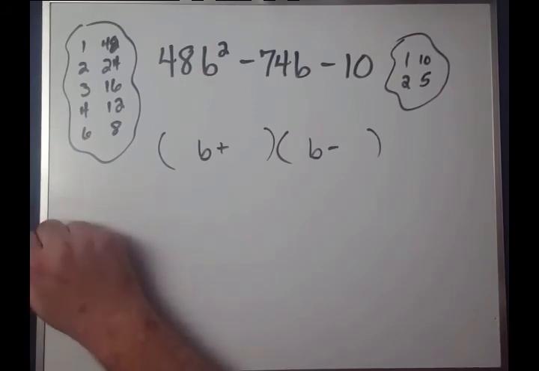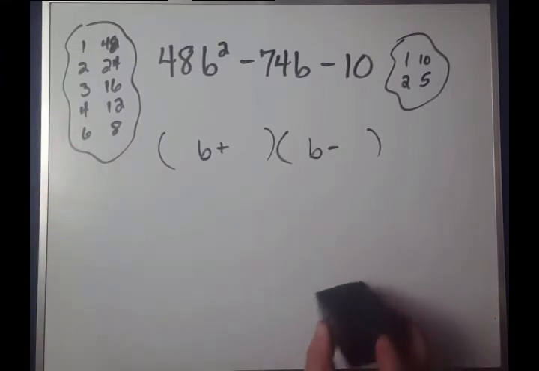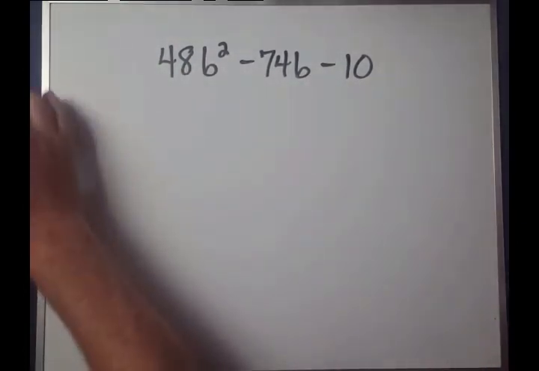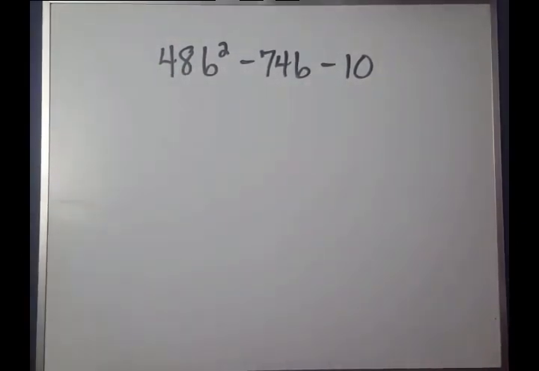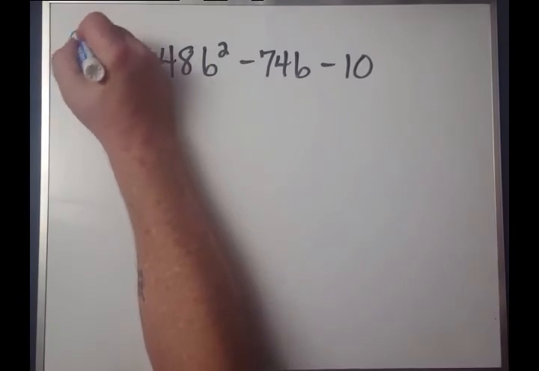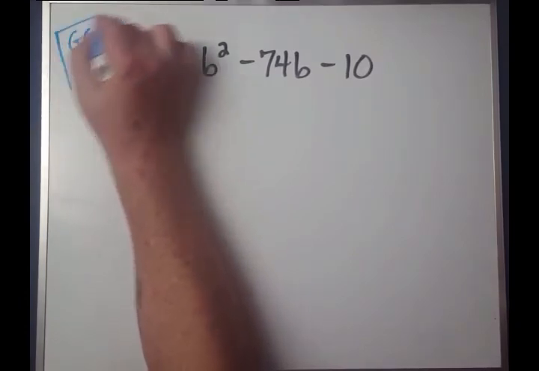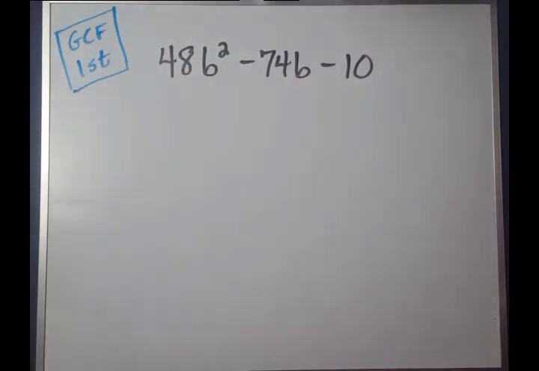but not this problem, because what did I forget to do right at the beginning? Always, always, always. First things first. You should have it big in your notes, highlighted. Always, always, always look for a greatest common factor first in any factoring problem.